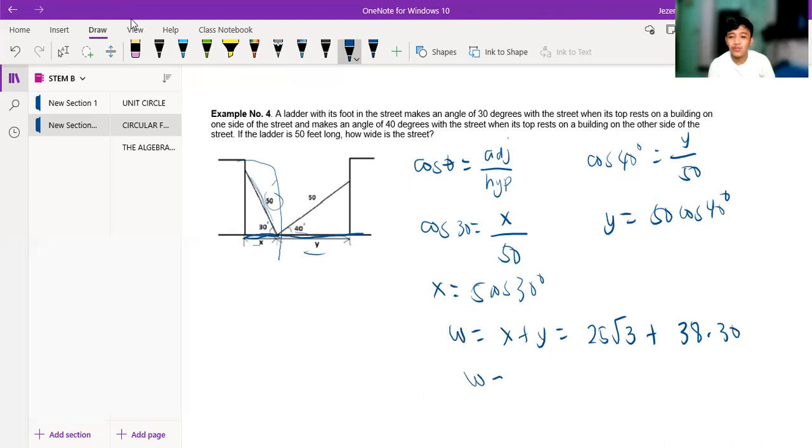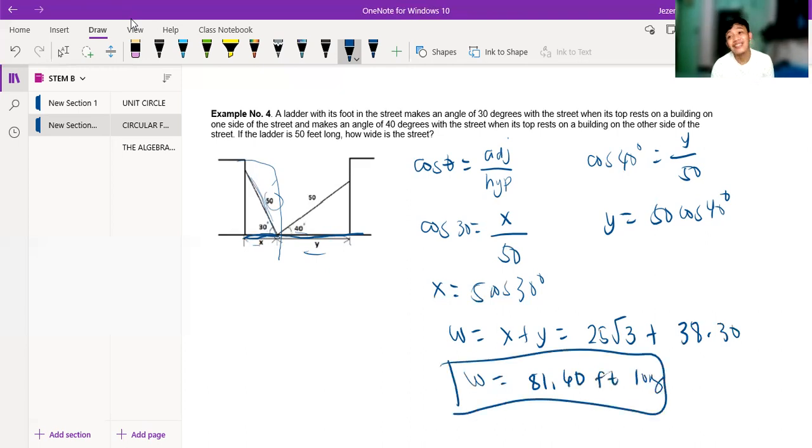Which is, W is equal to, pag pinagsama natin siya ay 81.60 feet long. Okay, so this is the answer. Walang kahirap-hirap, walang ka-challenge. Okay, so that's it for the circular function.